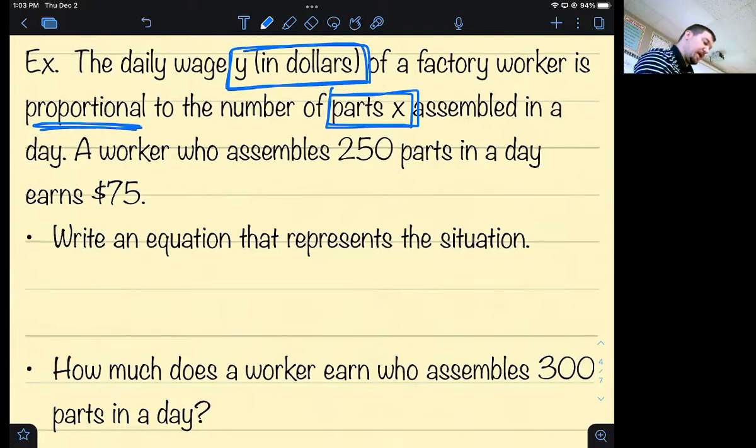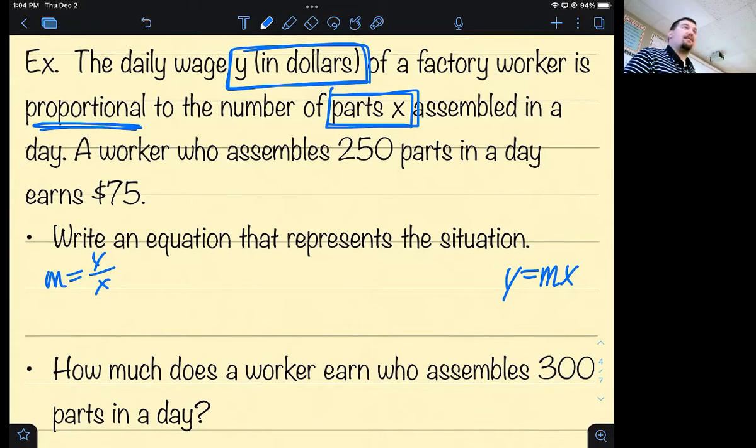Well, since it's a direct variation, we know it's going to look like this. Deegan? Yep. So in order to find the slope, all I have to do is divide the y by the x. I don't have to do y2 minus y1 over x2 minus x1 because this direct variation goes through the origin.